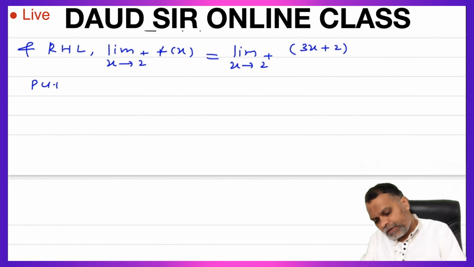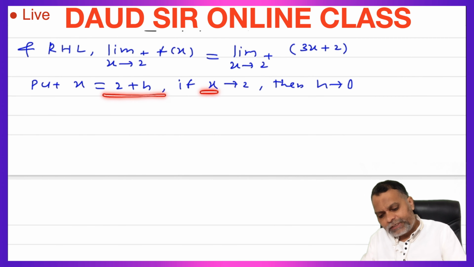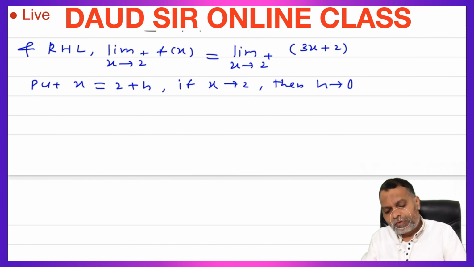Put x is equal to 2 plus h. Change: if x tends to 2, then h tends to 0. How? Put this 2 plus h here, 2 plus h tends to 2, 2 and 2 get cancelled, that is h tends to 0.